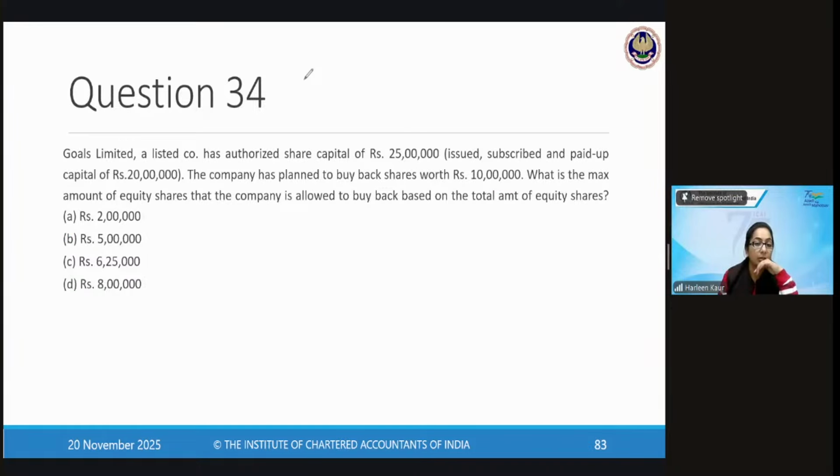That's what I'm thinking, Yogesh. The maximum should be 6,25,000 because 25% of 25 lakhs comes out to 6,25,000, and the company wants to buy back say 10 lakhs. So it should be 6,25,000, the correct answer.